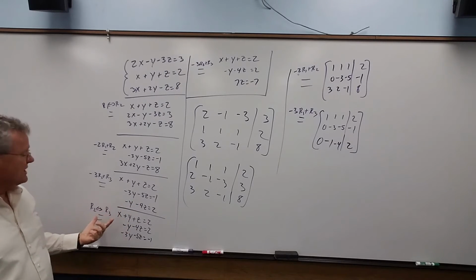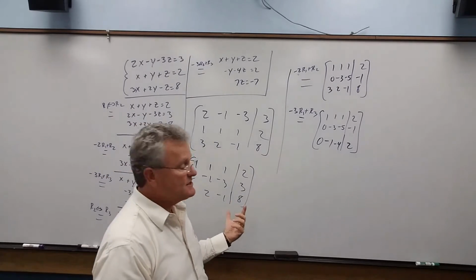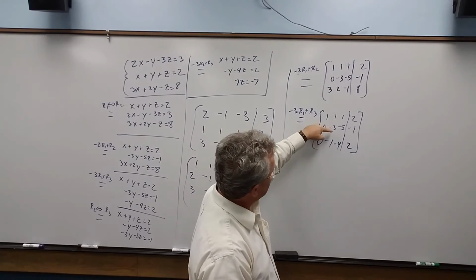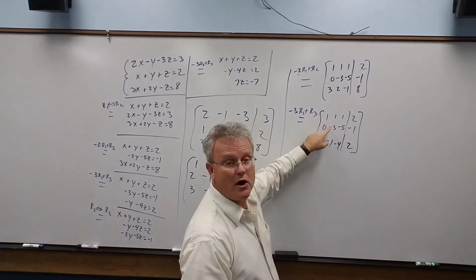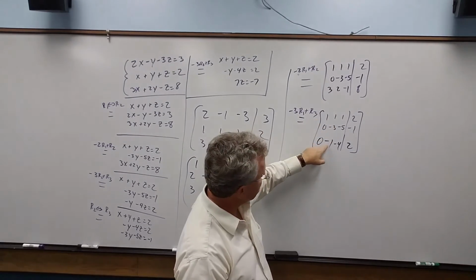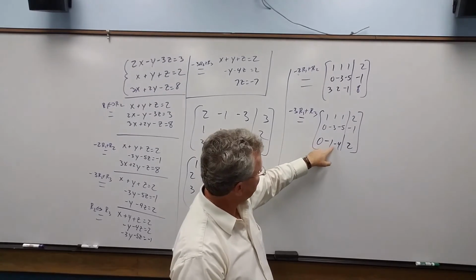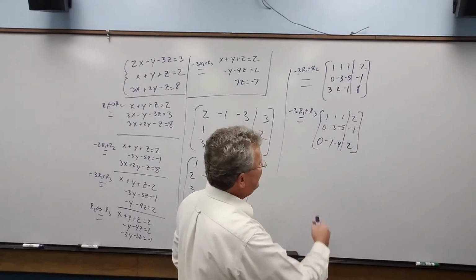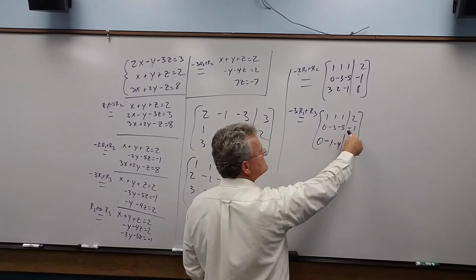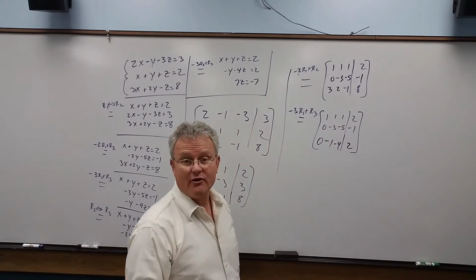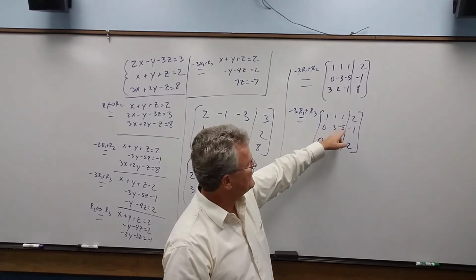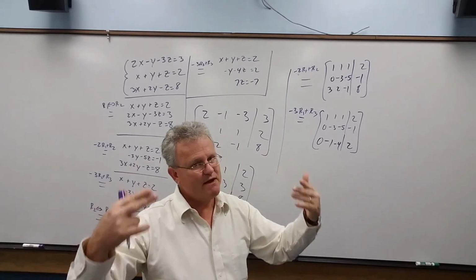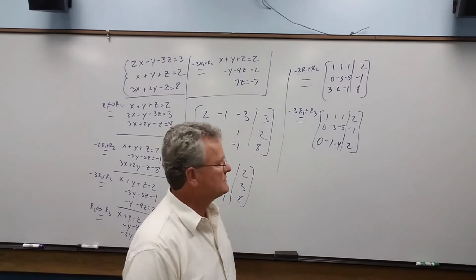Now we interchange row 2 and row 3, for the same reason as before. We want this entry to be a 1 or -1, so we can multiply it by some number to get this entry to be 0. We could multiply this row by 1/3 or -1/3, but we're going to get fractions in there, which makes it harder to do the arithmetic in our head.